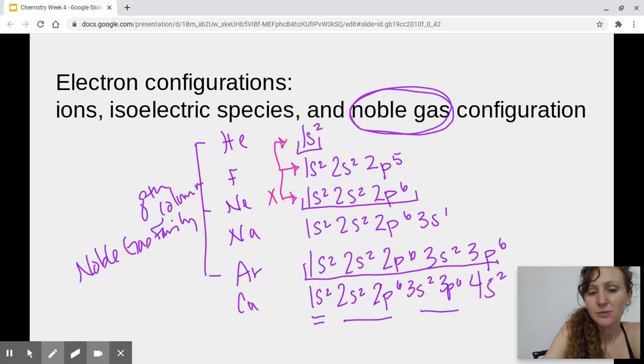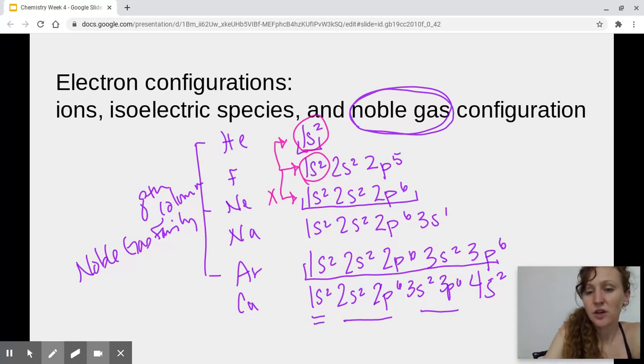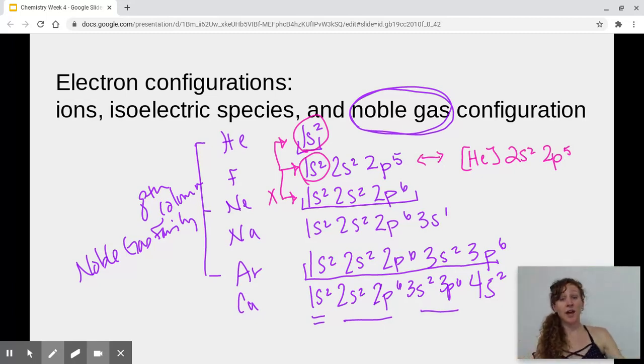However, helium's 1s2 is contained inside fluorine's configuration. So fluorine's configuration can also be written with helium in brackets, and then you just write the rest of the electron configuration, 2s2, 2p5. So either one of these is okay for fluorine's electron configuration. The first one would be called fluorine's electron configuration. The second one would be called fluorine's noble gas electron configuration.